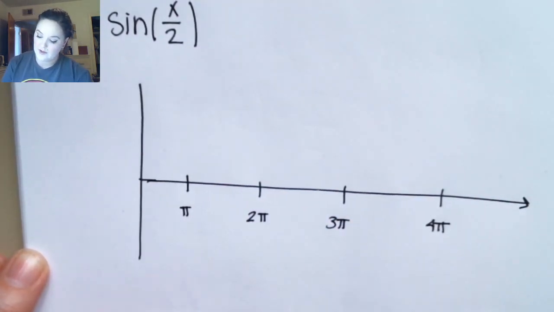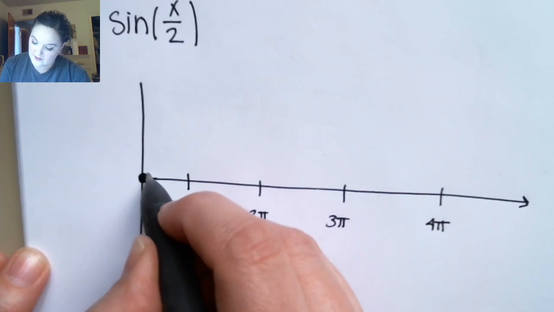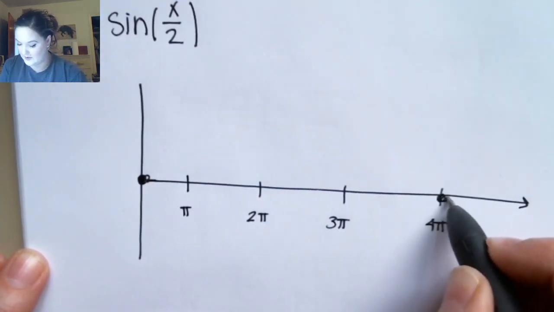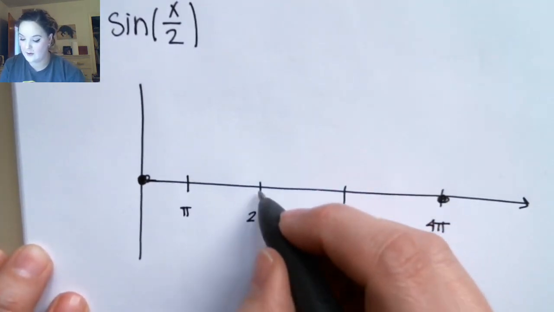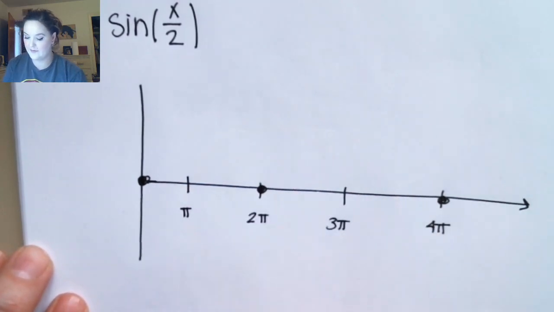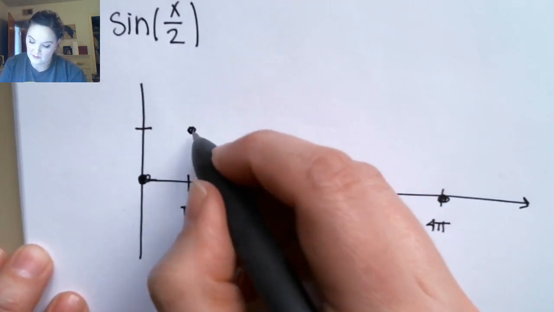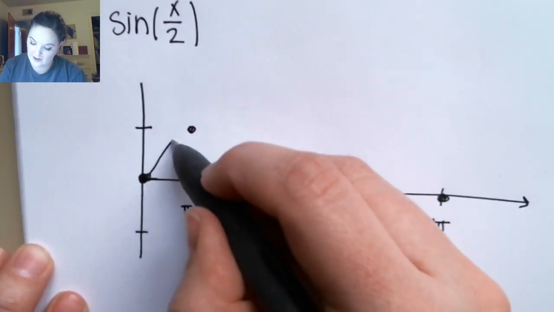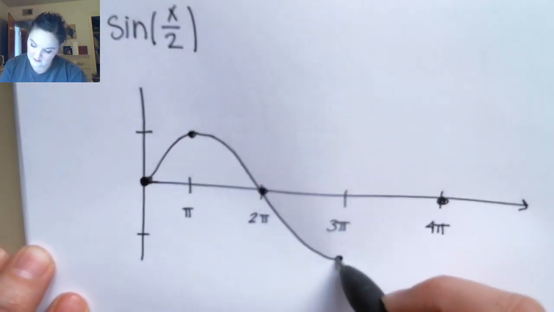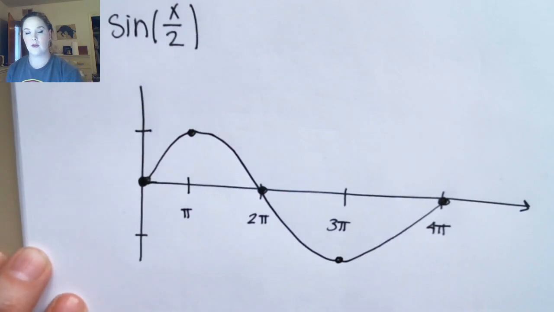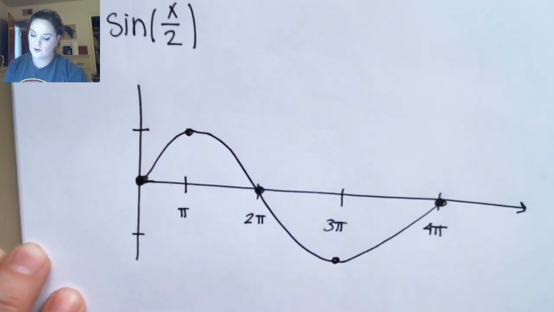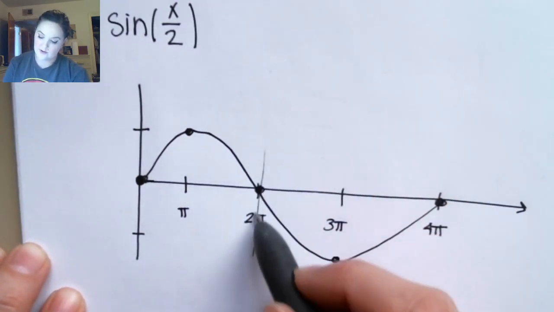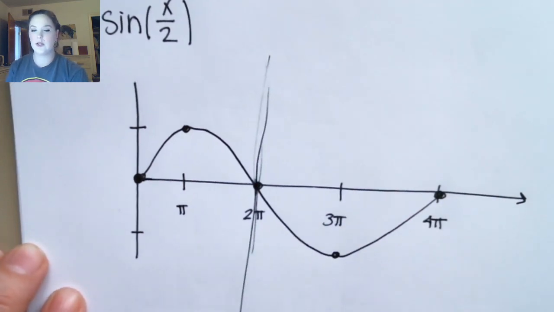So my starting point is going to be here. My end point is here. My midpoint is here. Here's my maximum. Here's my minimum. So my graph is going to look like this. Now if you're only looking at between 0 and 2 pi, you're only getting this part of the graph.